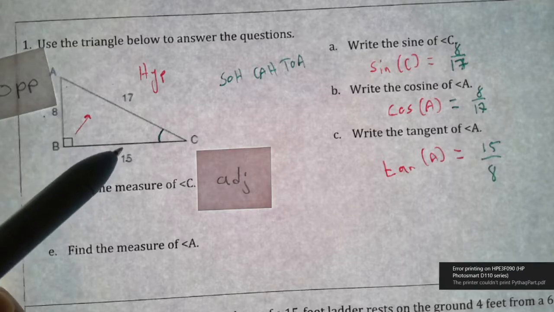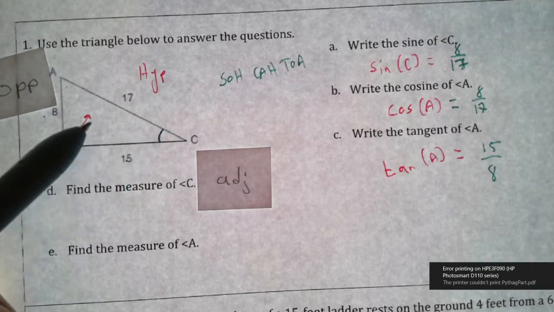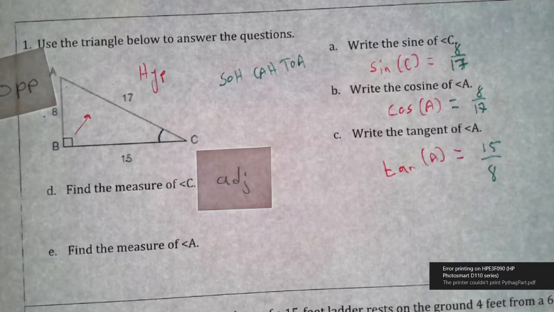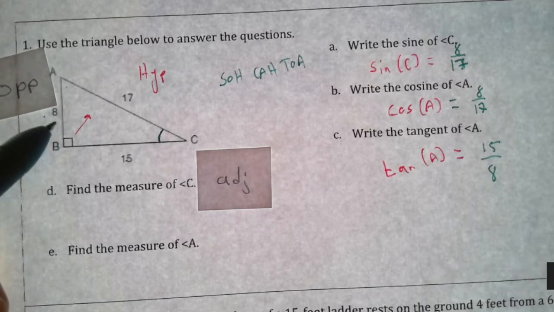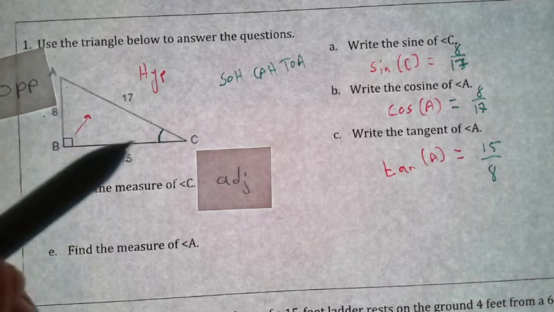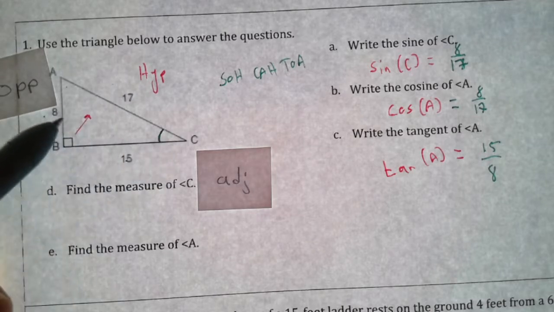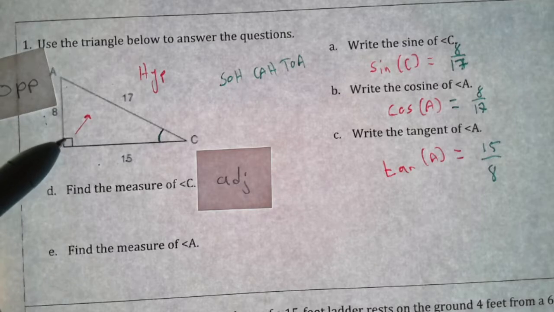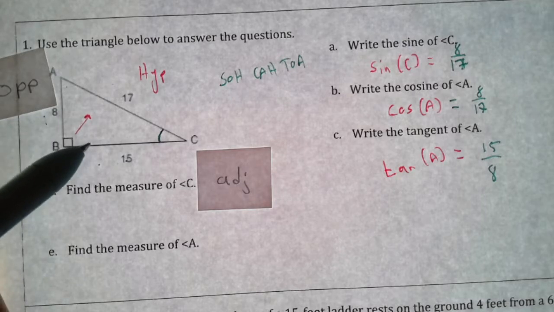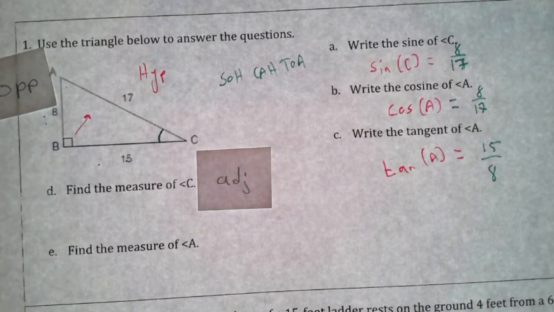You could do this with SO using opposite and hypotenuse. You can use this with cos using adjacent hypotenuse, or you can use it with TOA using opposite adjacent, because I have all of them. Don't let that decision freak you out. You're allowed to do whatever you want to choose.